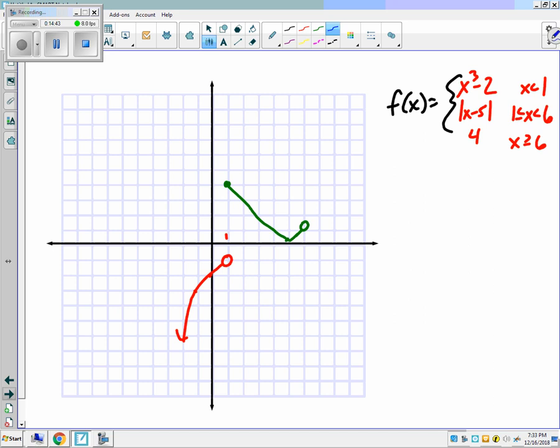What does 4 look like? Constant. It's just a constant at 4. And it just wants it so it's at 6 or bigger. So 1, 2, 3, 4, 5. Oops. 1, 2, 3, 4. It's just a horizontal line. Well, you guys already know how to domain and range it.